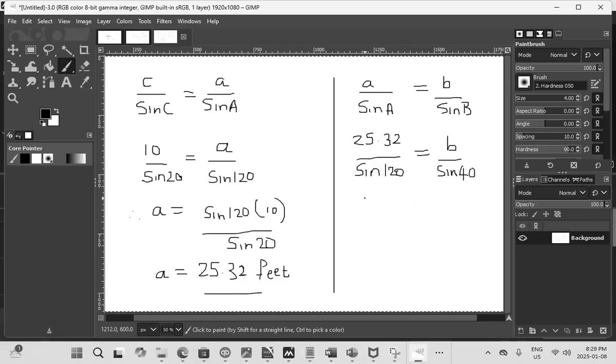Which basically means B equals 25.32 times sine 40, divided by sine 120.